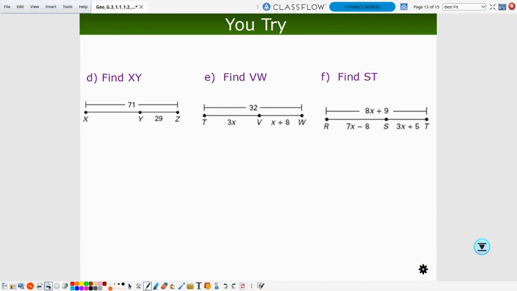Go ahead and pause the video and you try these. As you're working, hopefully you found your answers to be 42 for XY. For VW, our value is 14. And for ST, our value is 23.